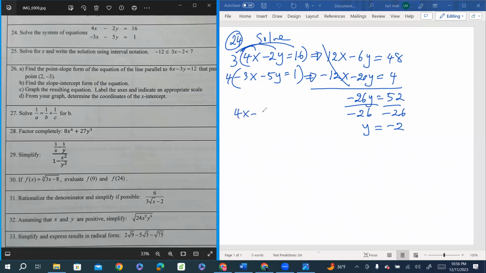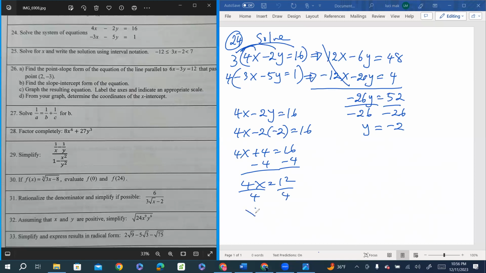I'm going to pick the first one. 4x minus 2 times negative 2 equals 16. 4x plus 4 equals 16. Subtract 4 on both sides. 4x is equal to 12, divided by 4. x equals 3. So the answer is 3 comma negative 2.